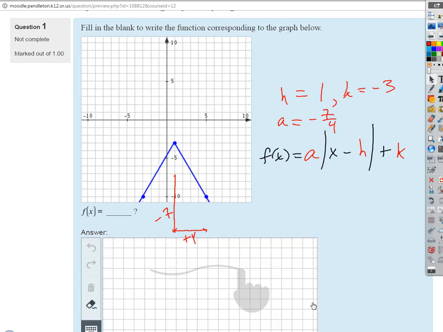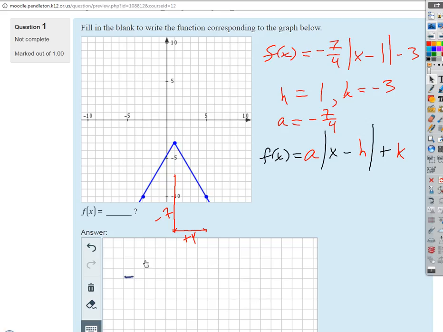If I use this, I can draw on here, and if I want to write, so what's my function going to look like if I plug all that stuff in? So -7/4, absolute value of x minus h, so x minus 1, minus 3.